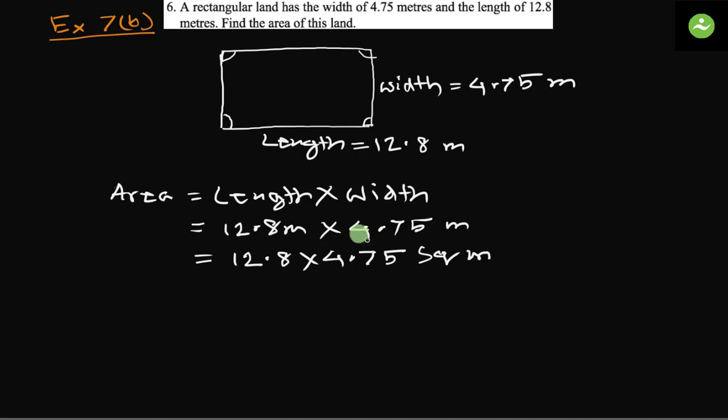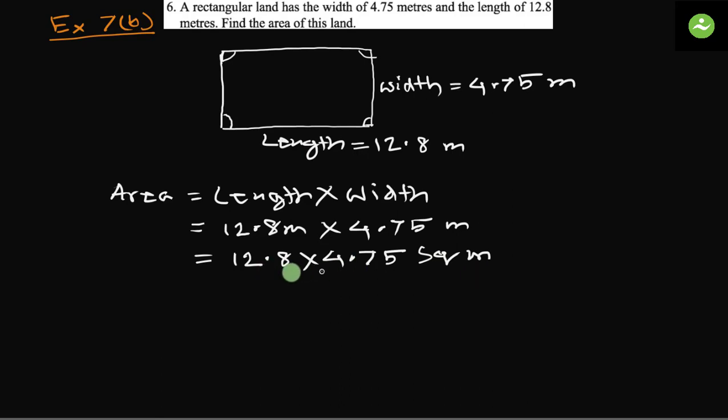If it was centimeter, the area would be square centimeter. If it was kilometer, the area would be square kilometer. So here length is meter and width is meter, so area is in square meter.